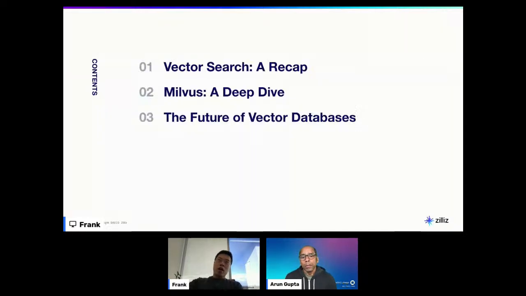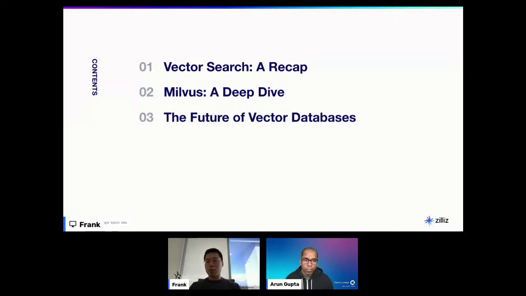So, I know for this webinar there's probably folks from different parts of the vector search or vector database spectrum. For folks who aren't too familiar with vector search, I want to do a quick recap. Why is vector search important? Why should you care about vector databases?